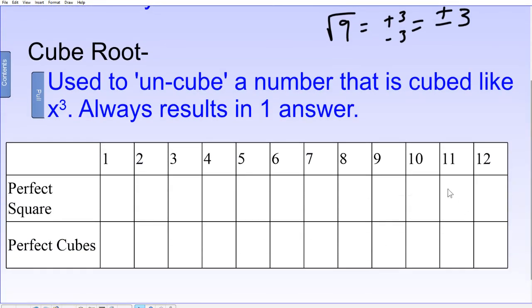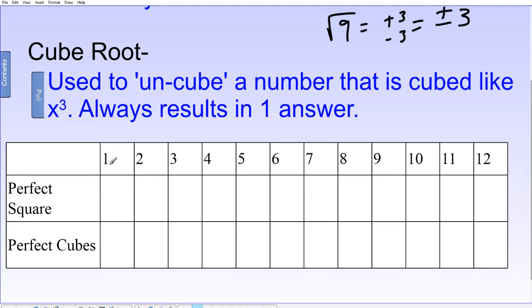So I have a little table here, which is very similar to the table we used in the past to identify perfect squares and perfect cubes, because it'll be very helpful if we had this table filled out so that we don't have to keep doing it by hand every time. And a reminder that if you're doing your homework or test or quiz and you don't have this table handy, you can always make one very easily. All you do is list numbers from 1 to 12 or so, and you list the perfect square.